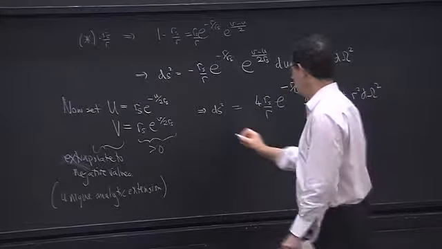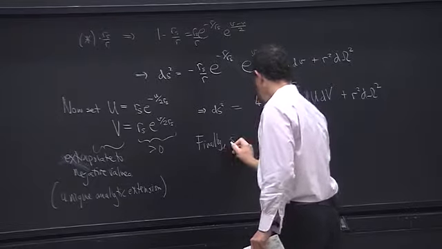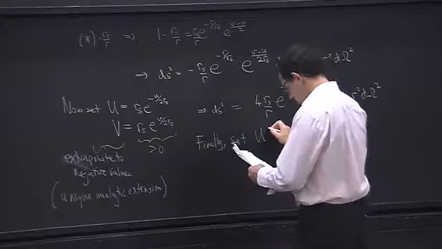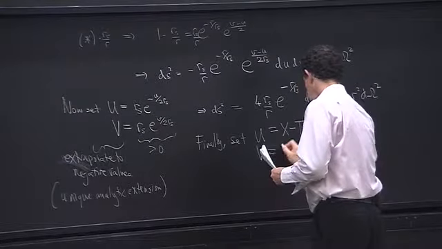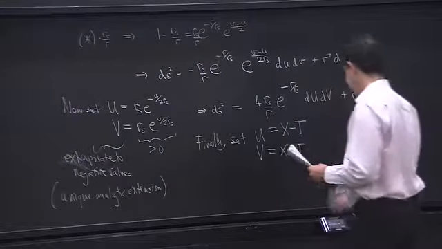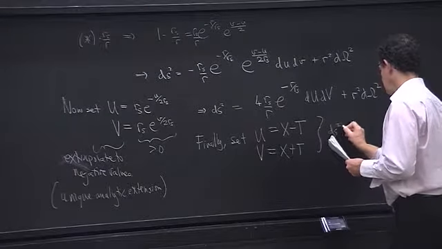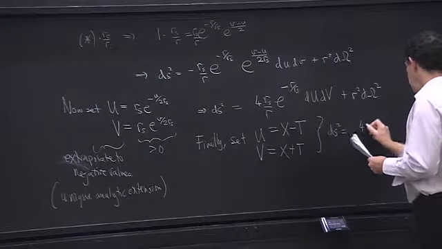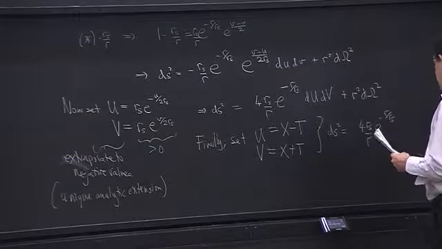And now, finally, we're going to set U equal to x minus t and V equals x plus t.